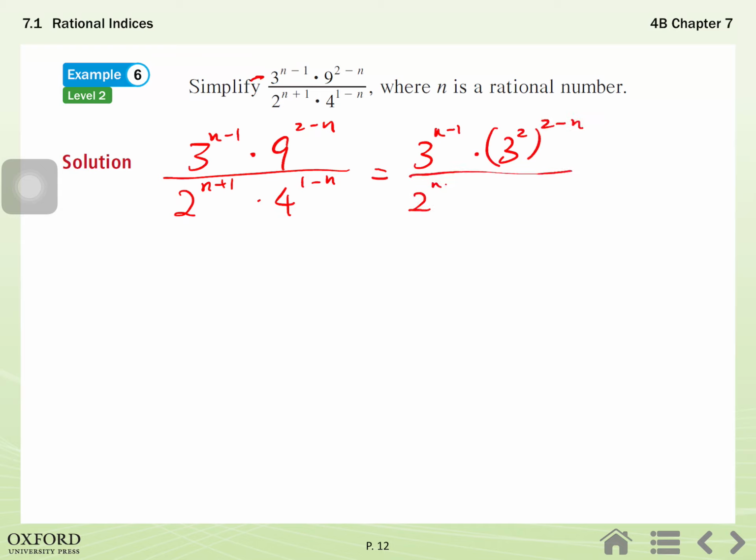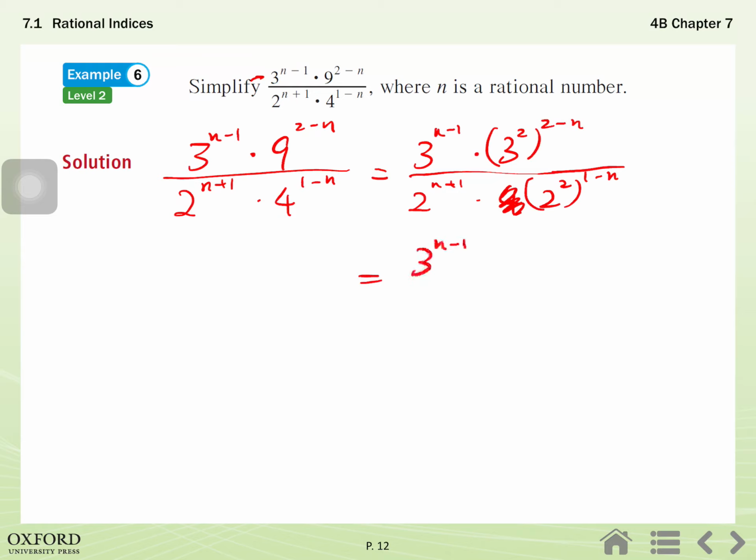For 2, you just keep it, and then 4 you turn into 2 to the power 2. Basically, whenever you see numbers, try to turn their base into some simple prime number: 2, 3, 5, 7, etc.